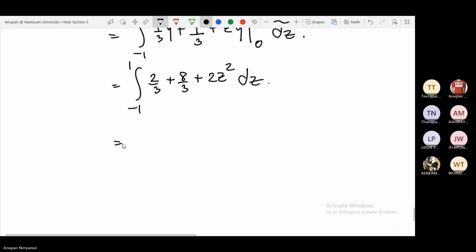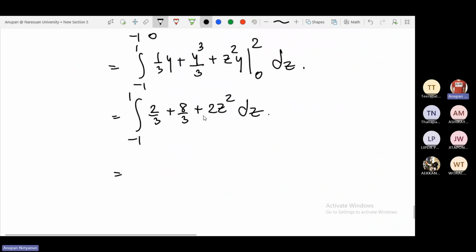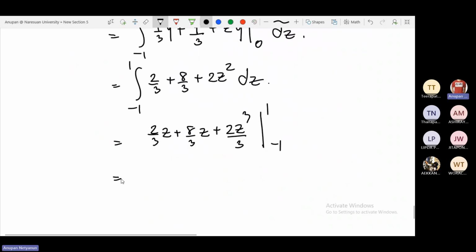Then the integral with respect to z. The first two terms are constants, so the integral is 2/3 times z plus 8/3 times z, and the z squared term gives 2 z cubed over 3, from -1 to 1. Plug in 1 for z: 2/3, 8/3, and 2/3.